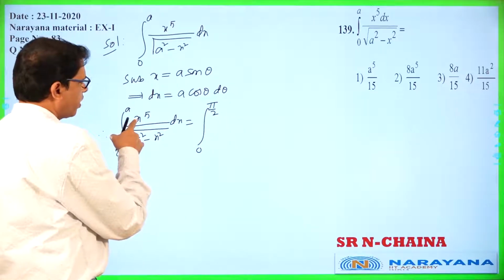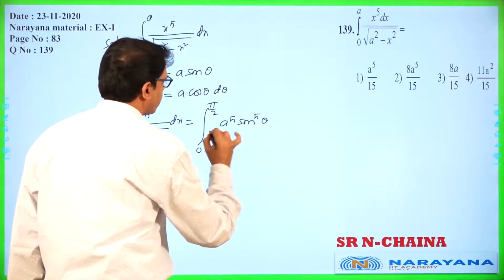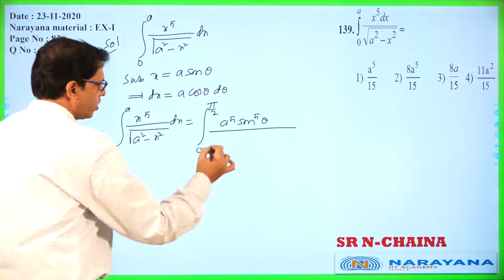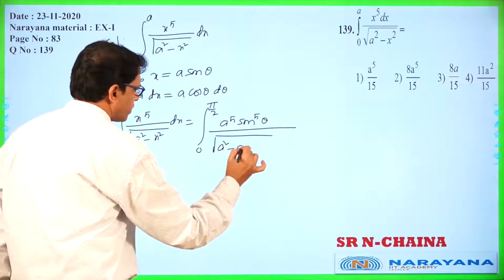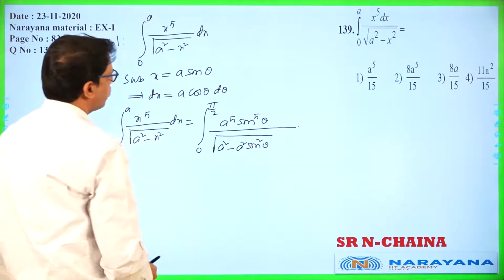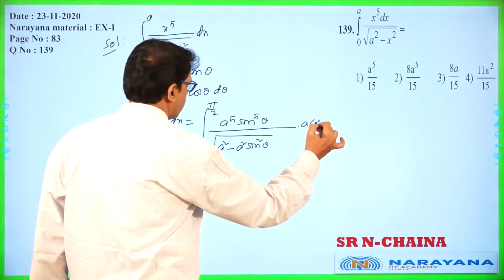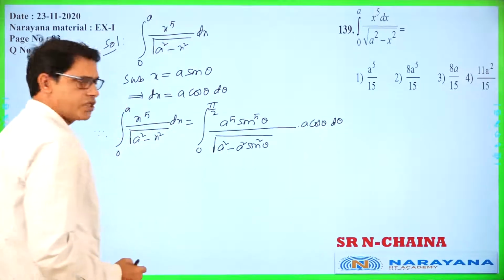Then apply here x to the power 5. So a to the power 5 sin to the power 5 upon root under a square minus a square sin square theta, into, what about dx? dx value is a cos theta d theta.